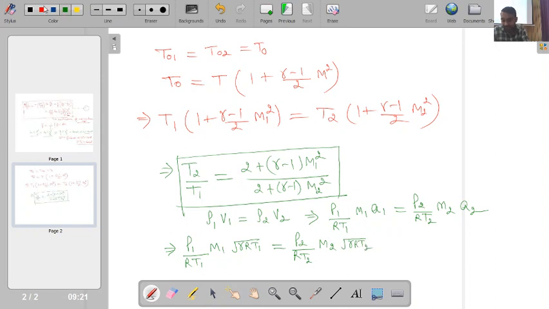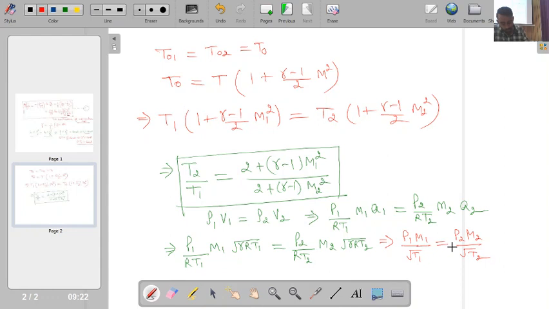If I further simplify, from here I will get P1 M1 by square root of T1 equal to P2 M2 by square root of T2.